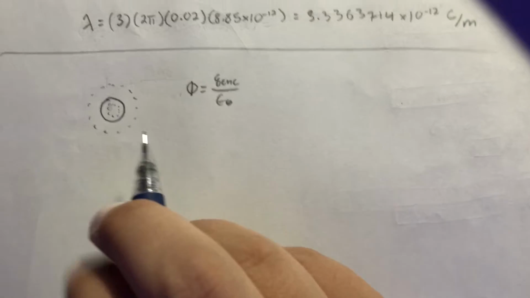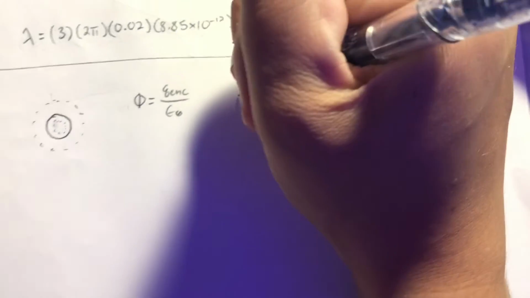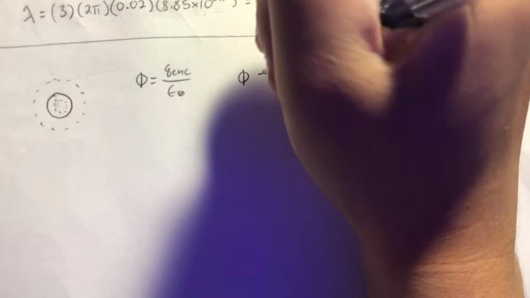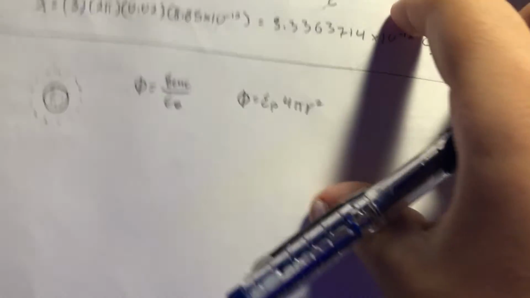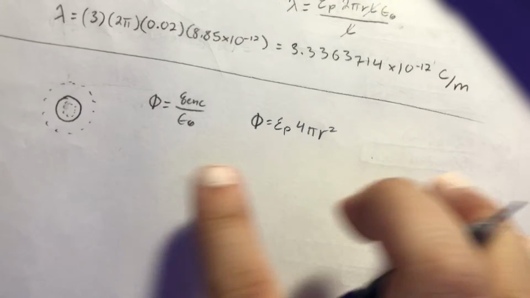And since it's spherical, the flux is just going to be the electric field at a point times the surface area of a sphere, which is 4 pi r squared.